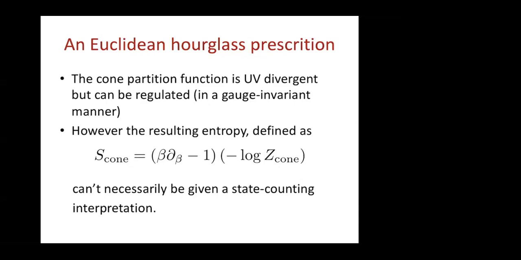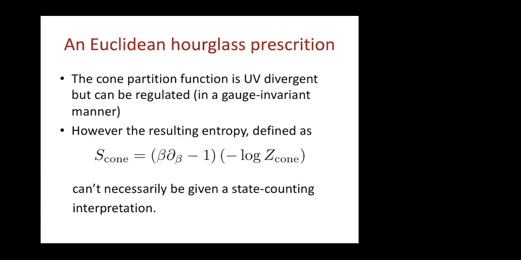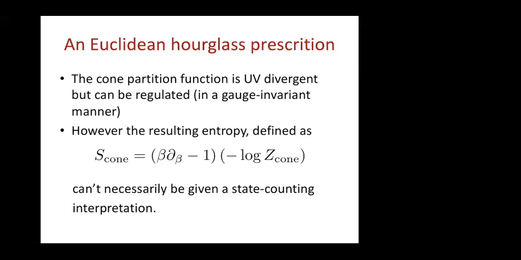So, Nori, one question. In the ordinary prescription, one nice thing is that as beta goes to 2 pi, which is where you have to take the derivative, you get flat space, right? Yes. Beta equal to 2 pi. On top of that, it's a flat space, but you take the derivative. Right.